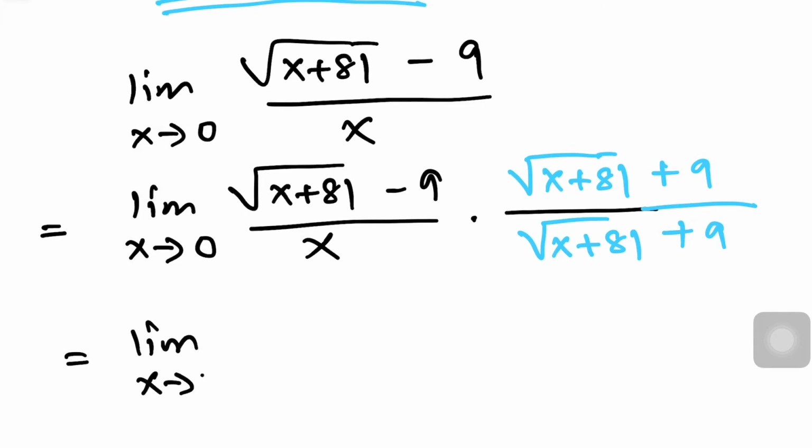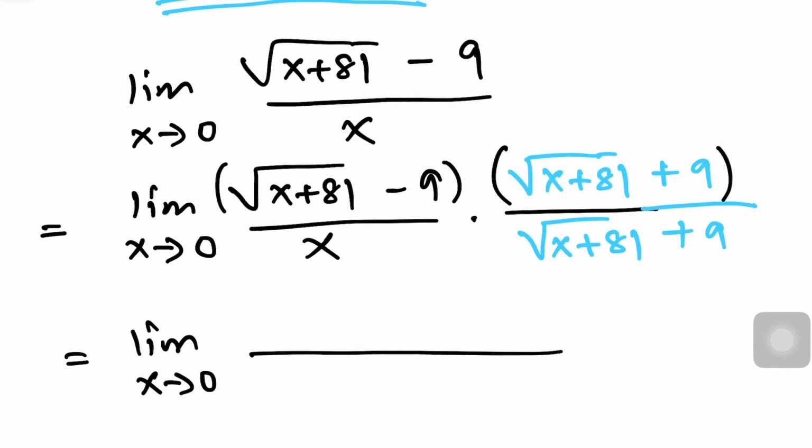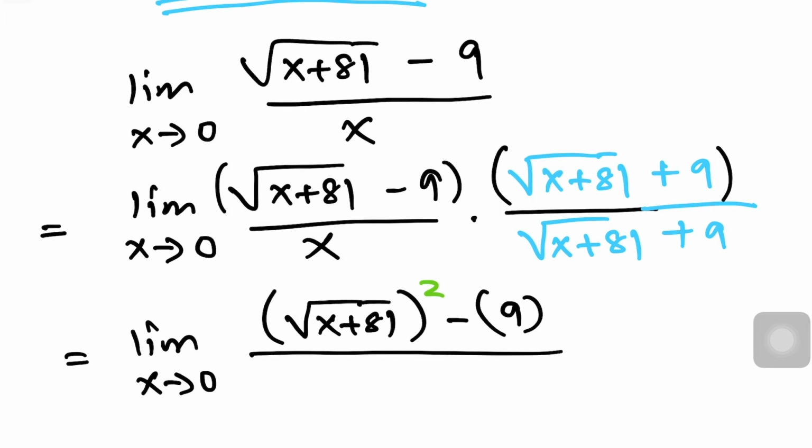Okay. Now, what should we do? Now we are going to multiply the top. So if we multiply the top, I hope you notice that they are conjugates, right? So we can apply the differences of perfect square. So that's just going to be square root of x plus 81 whole square minus 9 whole square.